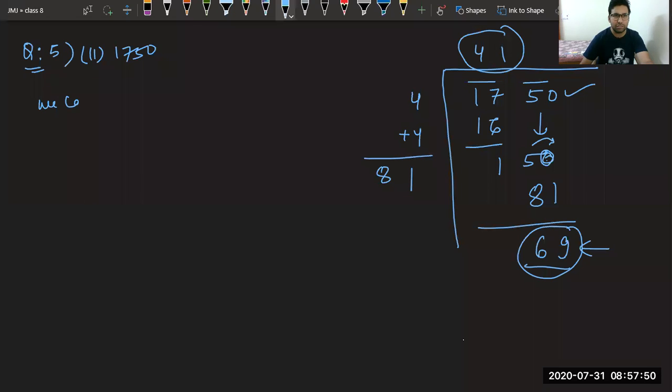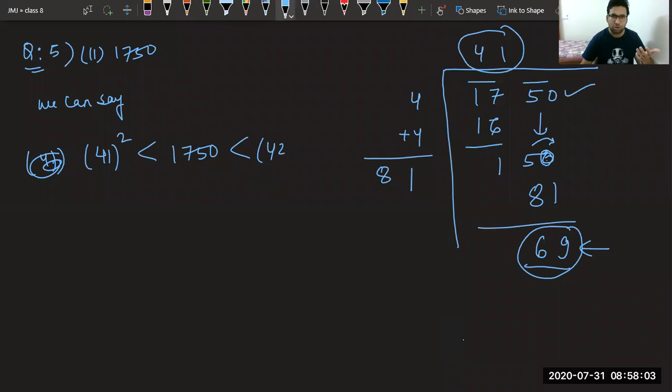That means the next number is 42 square. Our number is less than 42 square. And what is the value of 42 square? It is 1764. Now how much shall we add to the given number to get 1764?